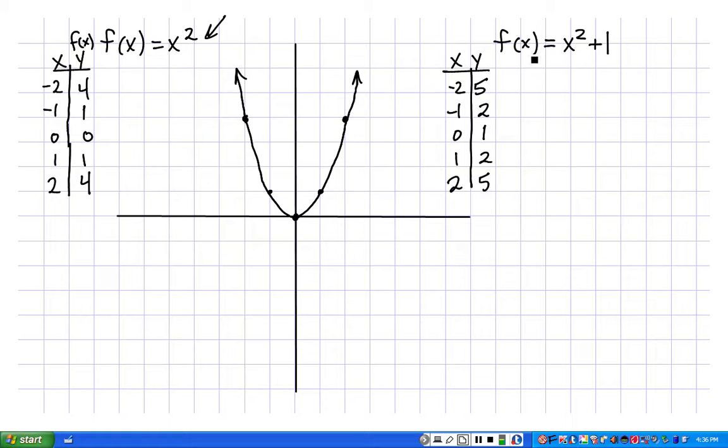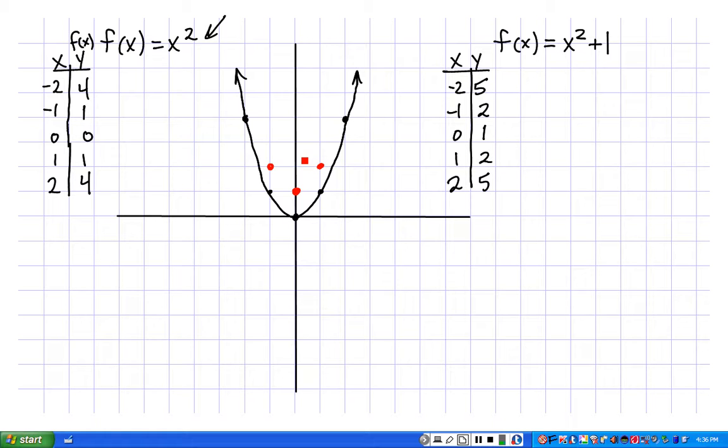Now let's look at this one here, and I'll do it in a different color. Let's go with red. I have my negative 2, 5. At x is 0, y is 1. So there's a point. At negative 1, y is 2. At positive 1, y is 2.